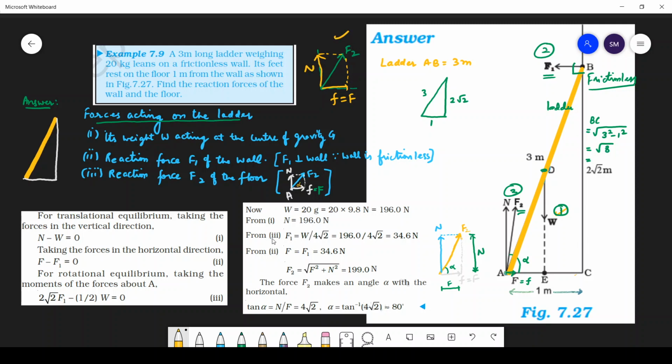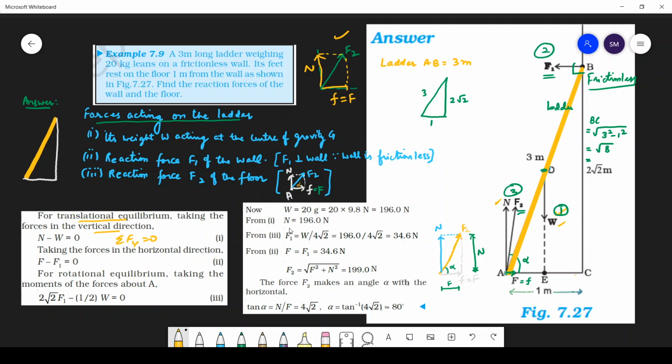Now you know the vertical forces and the horizontal forces. In the vertical direction we have N and W, and as it is not moving, translational equilibrium in the vertical direction means sigma Fy equals 0.